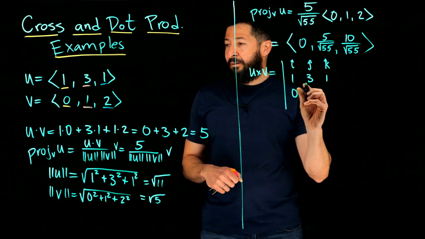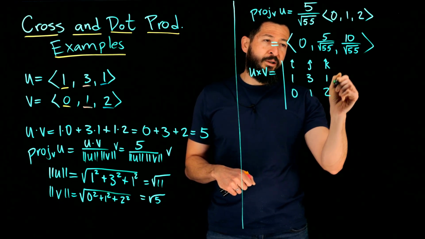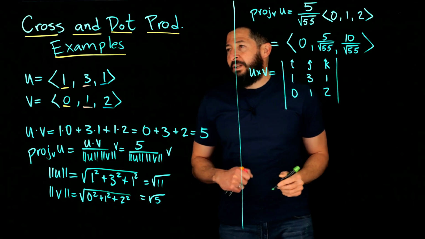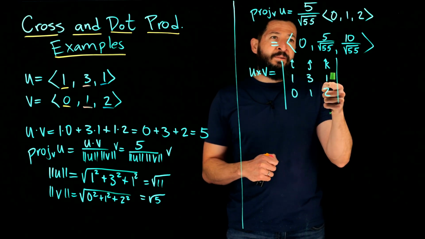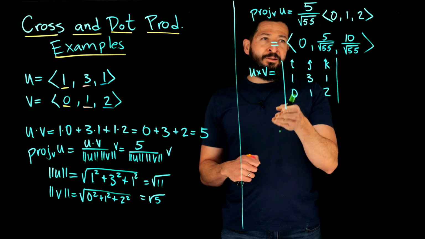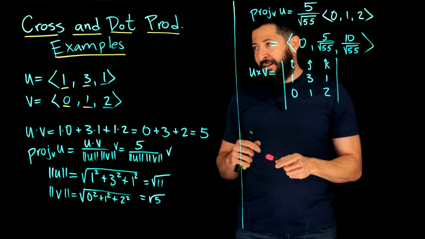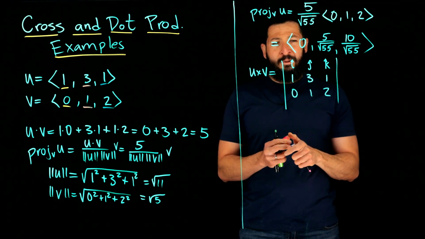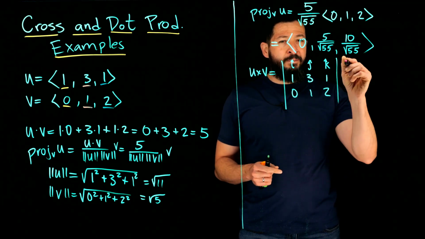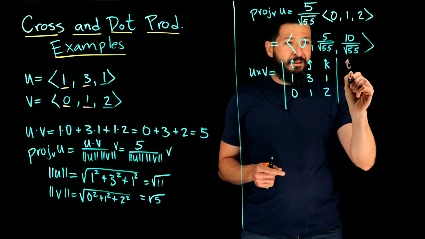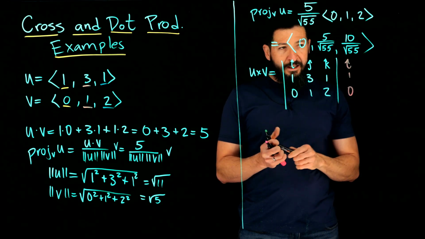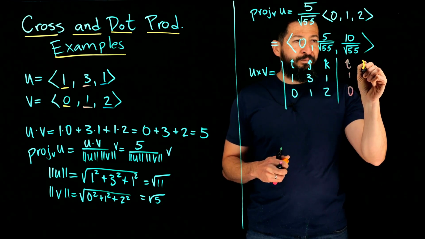Now here you got to be a little bit careful about putting them in the right order, because if you put v first and then u, then you're doing the cross product of v times u, and you're going to get the negative of the result that you wanted. So just be careful with that. I'm going to augment this matrix with the first column and the second column.